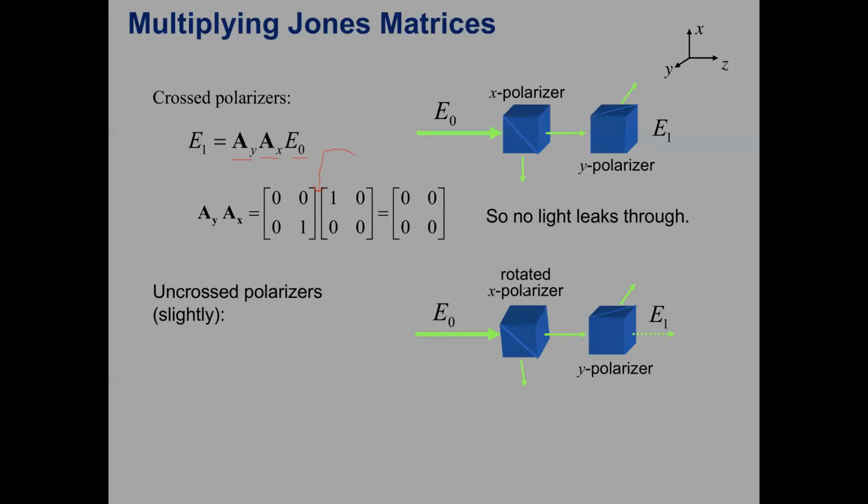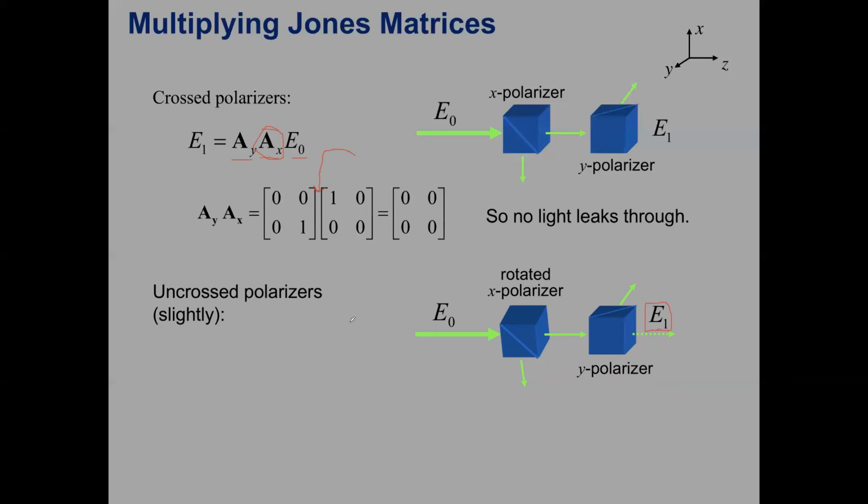The other thing you could do is look at what happens if we rotate one of our polarizers. So if we take our X polarizer here and rotate it by a small angle, we should see in our matrix that some light starts getting through, that the components of our output polarization are no longer all 0.